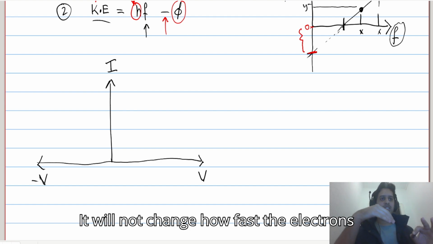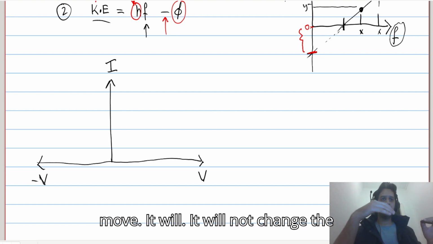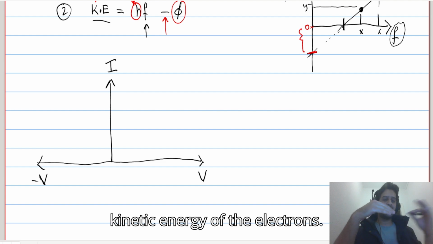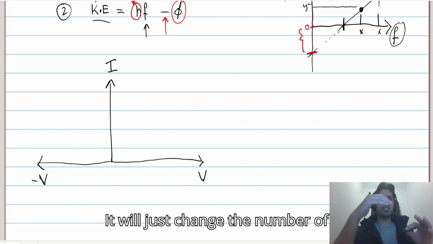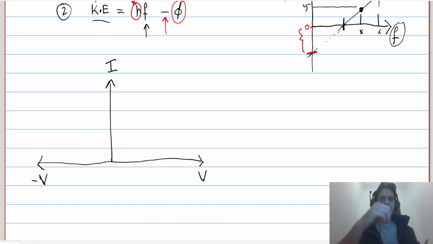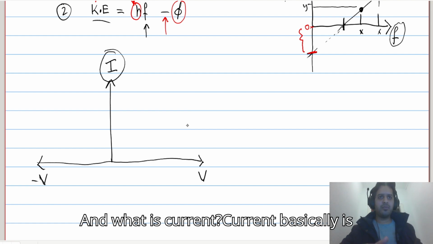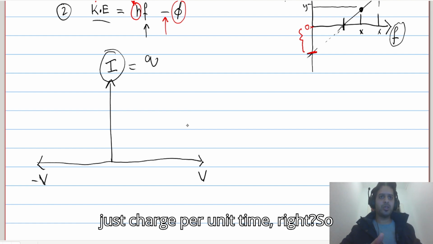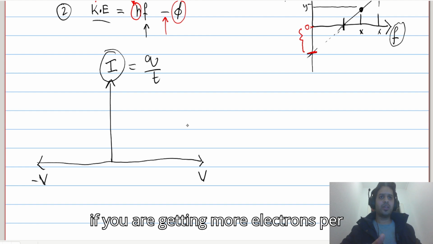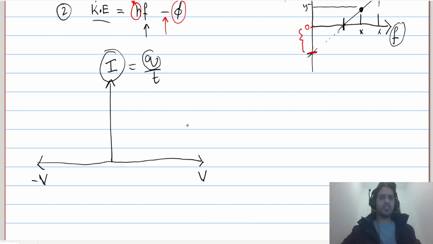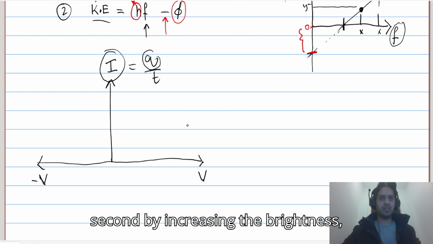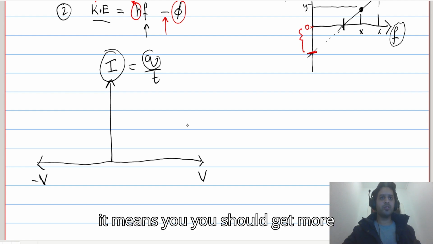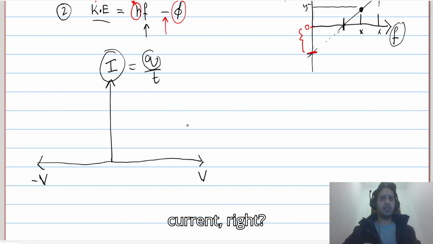It will not change how fast the electrons move. It will not change the kinetic energy of the electrons. It will just change the number of electrons. And what is current? Current basically is just charge per unit time, right? So if you are getting more electrons per second by increasing the brightness, it means you should get more current, right?